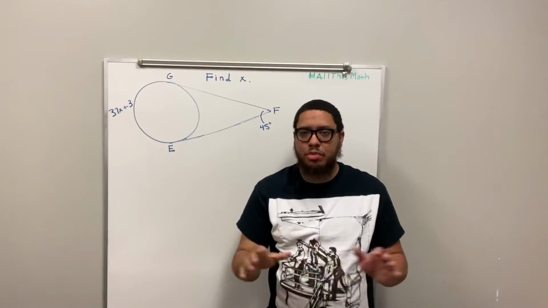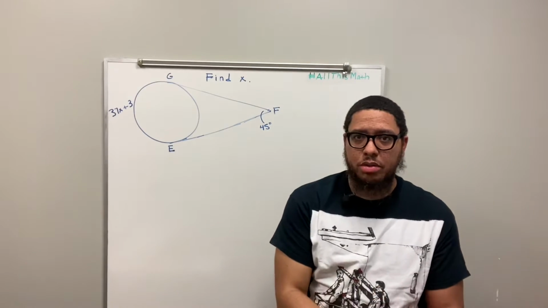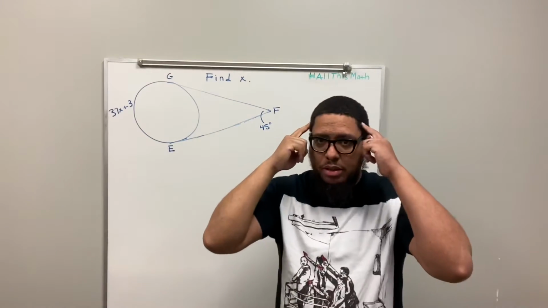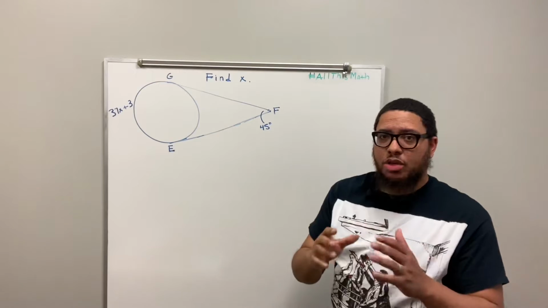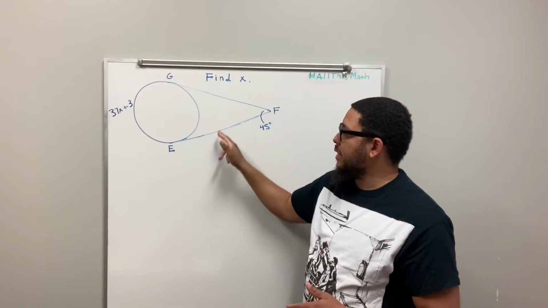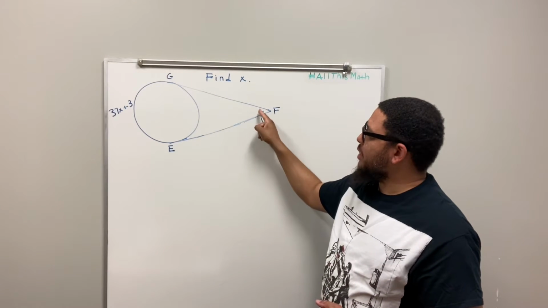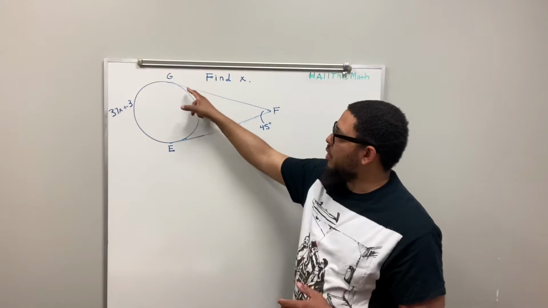See, in geometry, there are so many theorems, and you've got to either have them written down in your notebook or textbook and have access to it, or have them memorized. Either way, there's a theorem that says that if I'm dealing with a tangent-tangent situation, the angle that's formed by those two tangents must be supplementary with the measure of the arc.